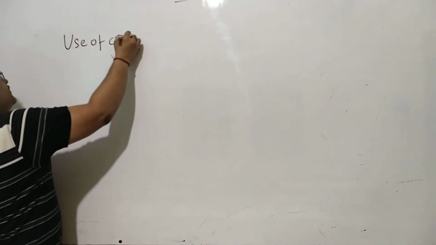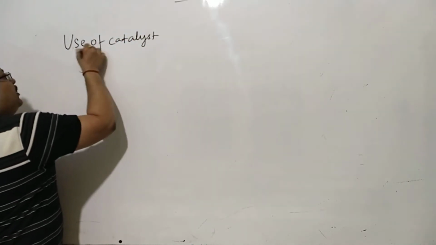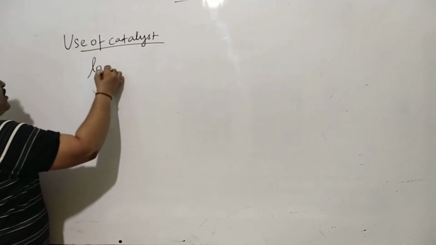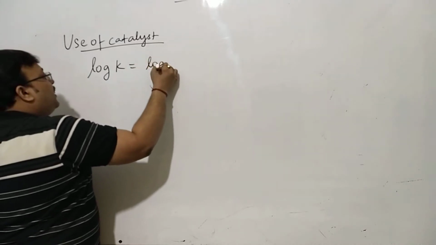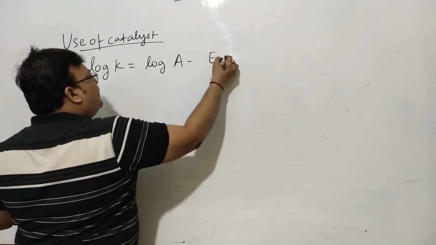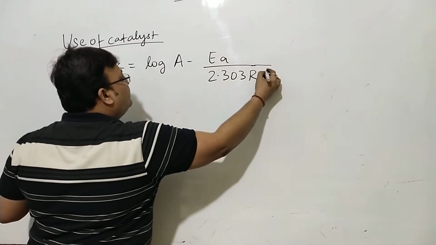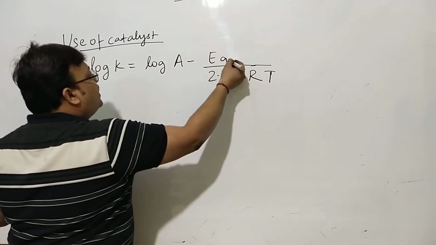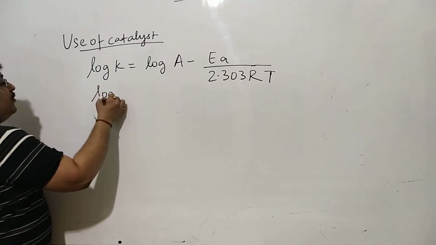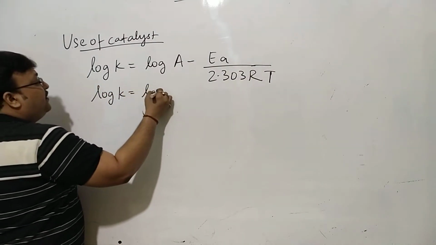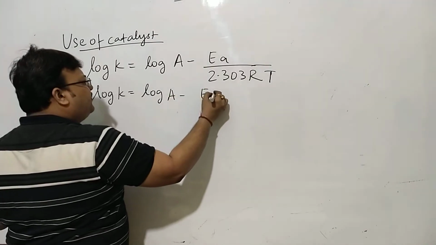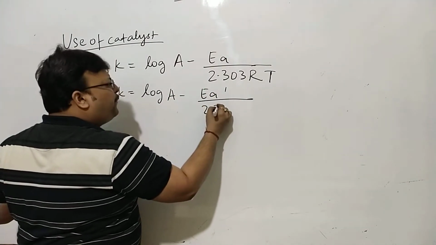I'll go back to the logarithmic form of Arrhenius equation. log K = log A - Ea/(2.303 RT). And this time temperature remains the same. What changes is the activation energy.